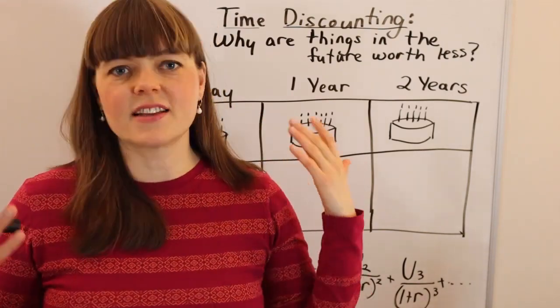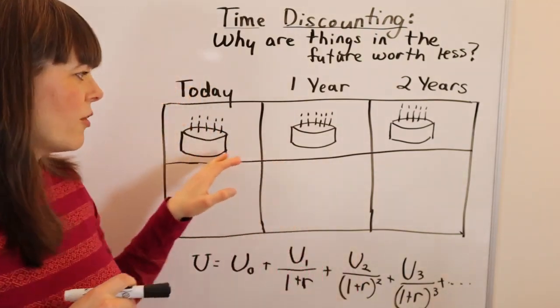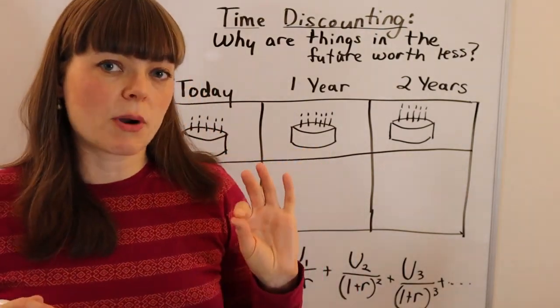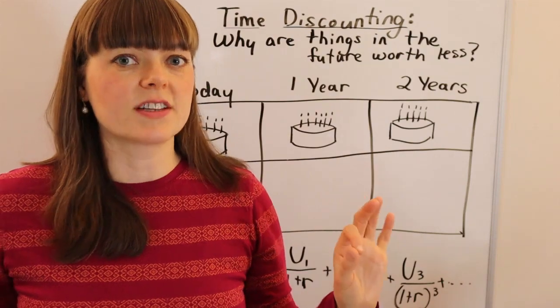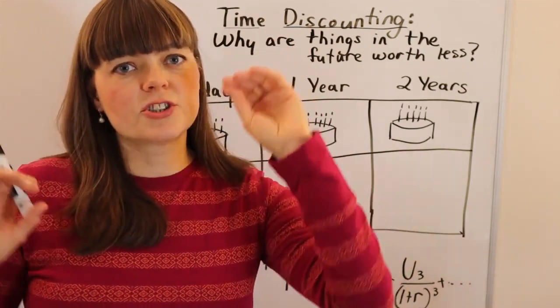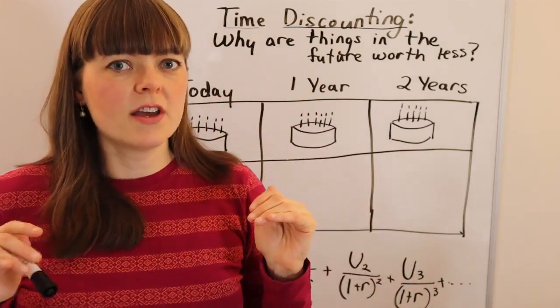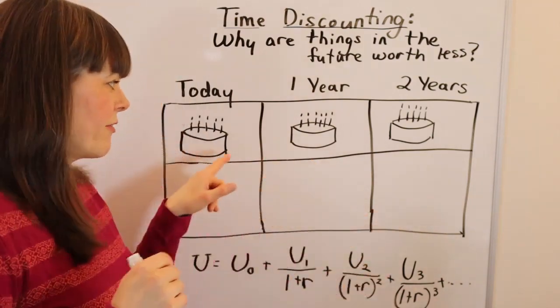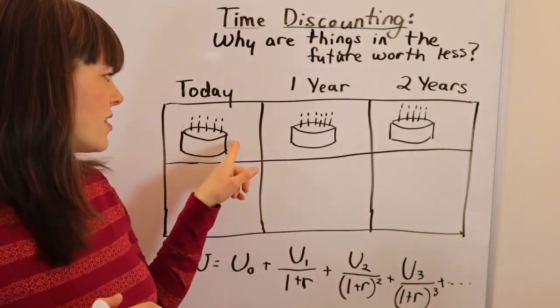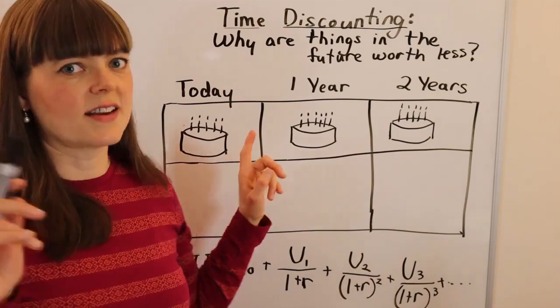You love the cake, it's going to be great. So we know that in the moment your utility is probably going to be the same between these two cakes. So we need to adjust the utility over time to account for the fact that people's revealed preferences are going to put a higher utility for the cake today.